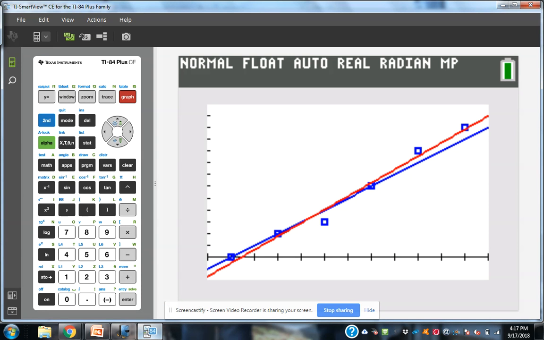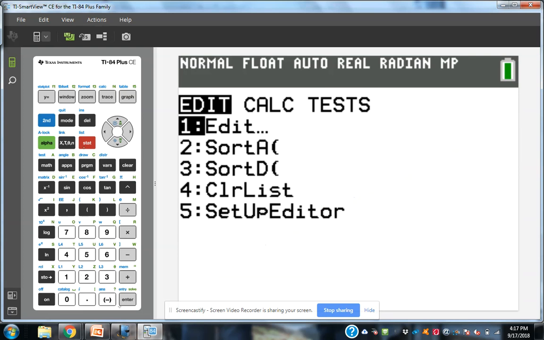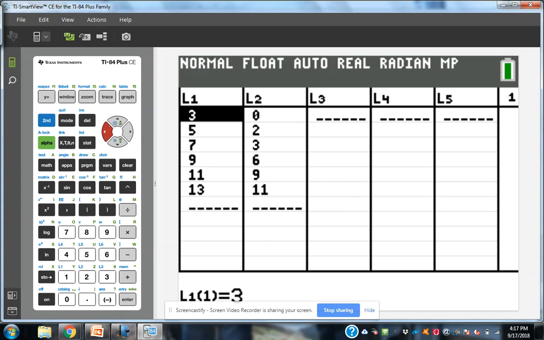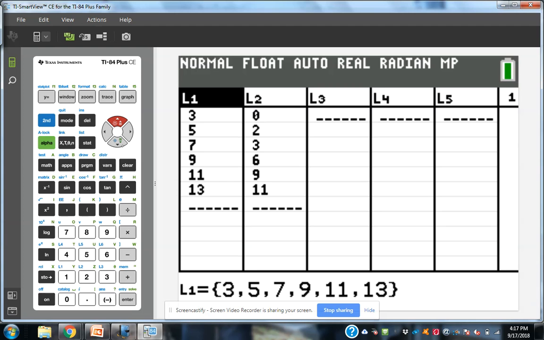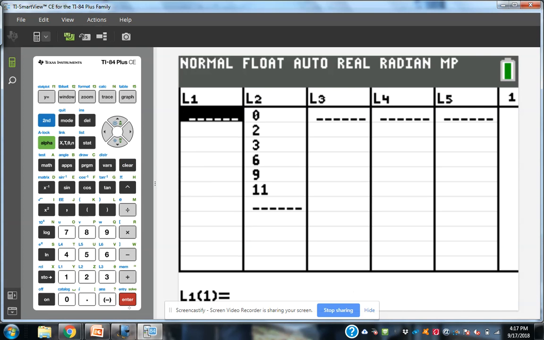I'm going to hit stat, edit, and I've got these other lists in here. I want to get rid of those. So I'm going to press the up arrow until L1 is highlighted and then hit clear and enter, and it'll empty that whole list.